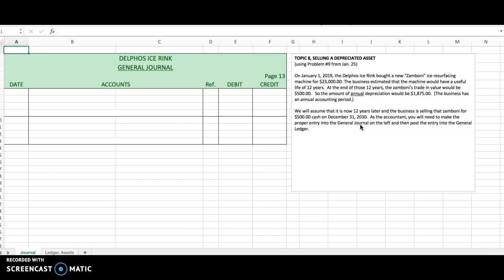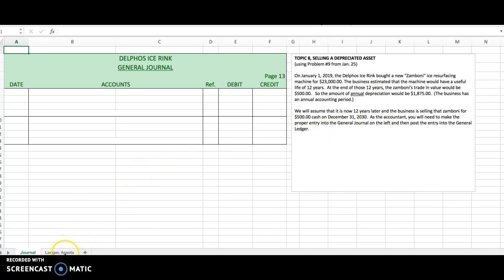The Delphus ice rink is not in business to sell Zambonis. So from time to time, though, it does sell an old asset, and that's what we're doing here. So we do not use the sales account here. So that's important.